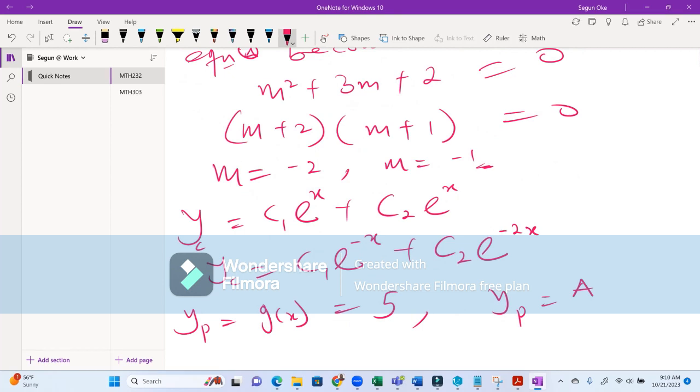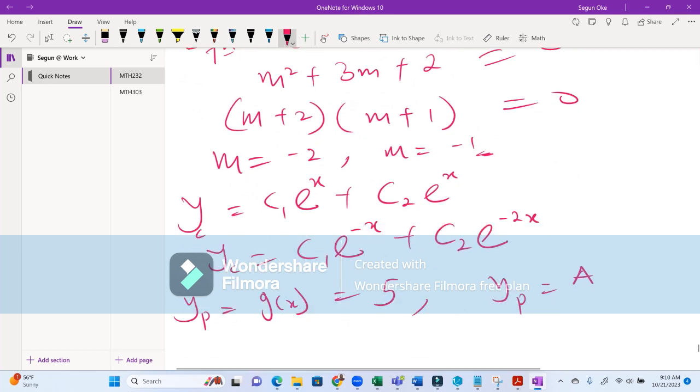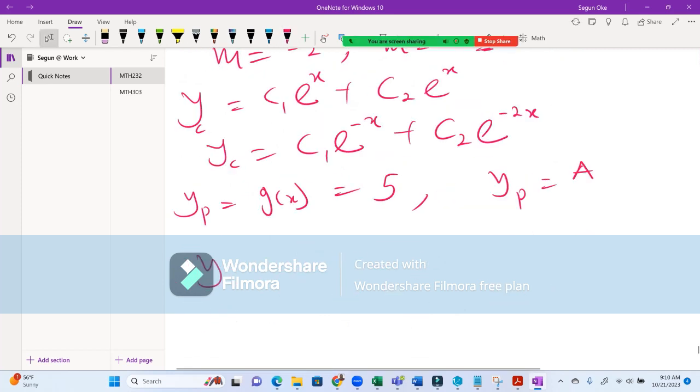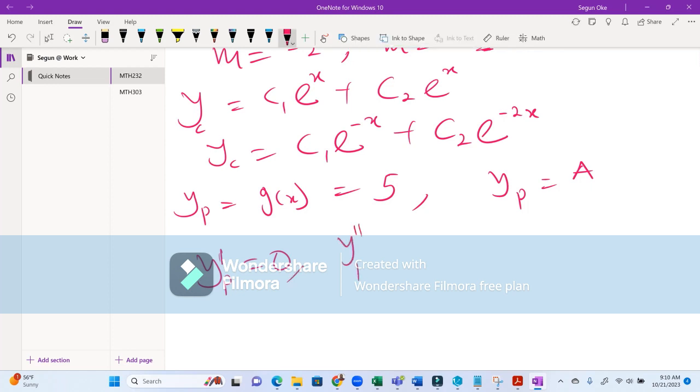Now, if it is equal to A, we need to also differentiate it. We said YP prime. YP prime will be equal to differentiate constant. What do you have? 0. When you differentiate YP prime again, it will also give you 0.